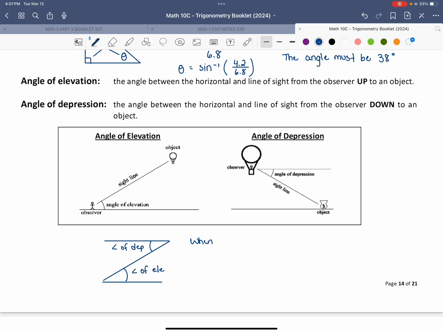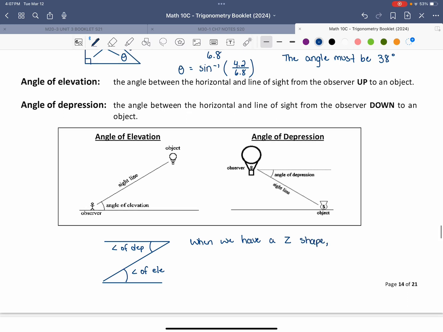When we have a Z shape, the angle of depression and the angle of elevation are equal.